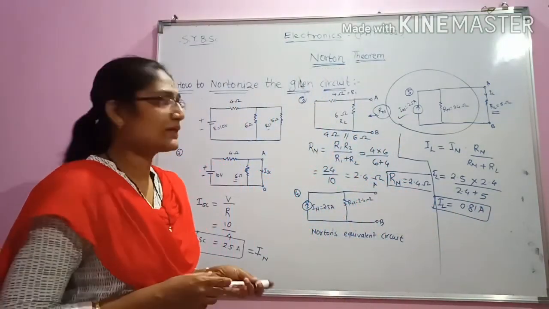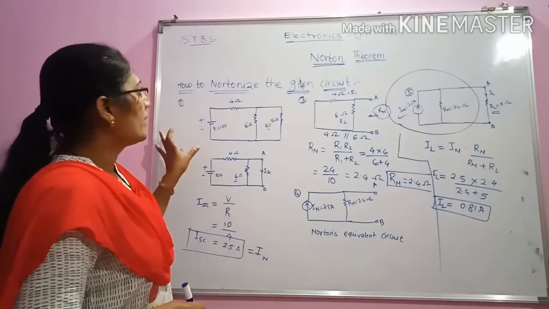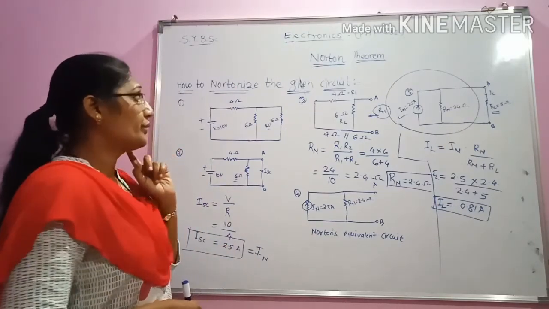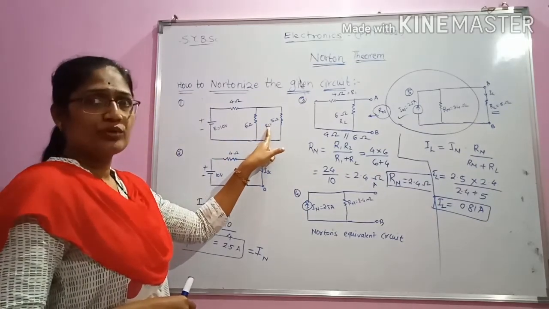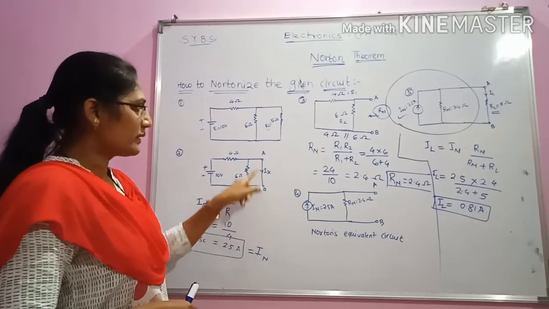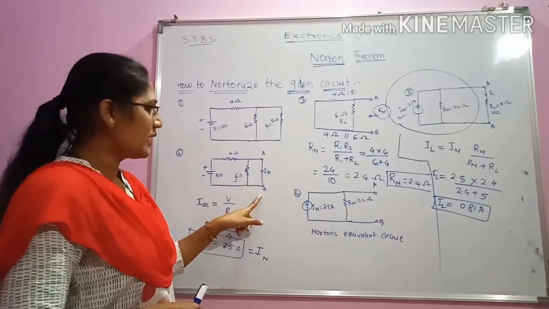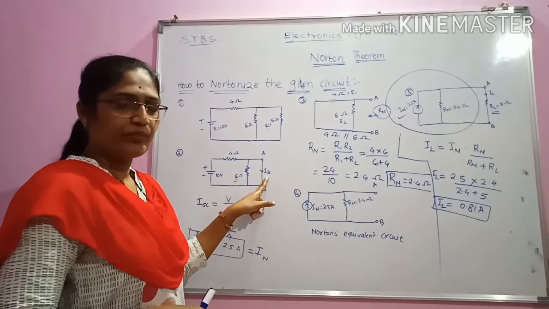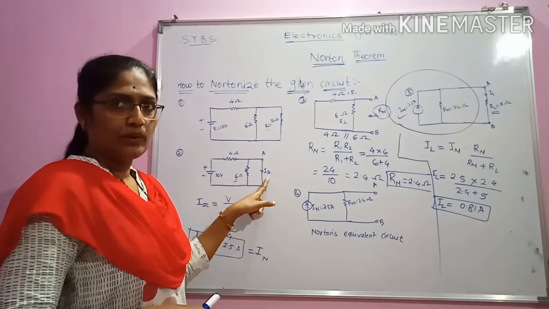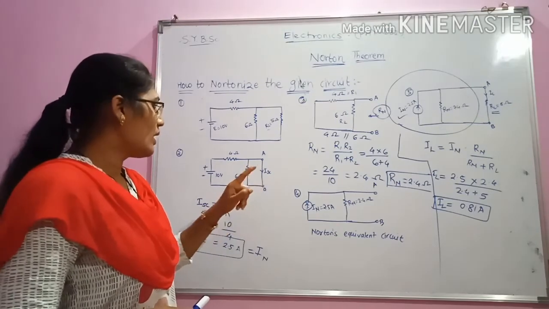So let's revise the things once again. In order to Nortonize the given circuit, initially we removed this RL. After removing it, we short circuited the AB terminals and that current is named as ISC, the short circuit current. It is equivalent to the Norton current.